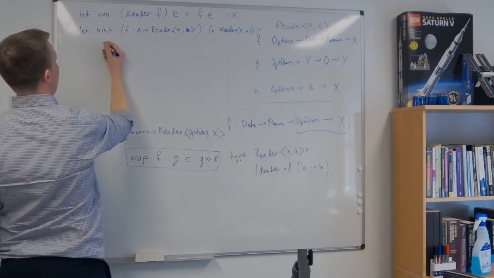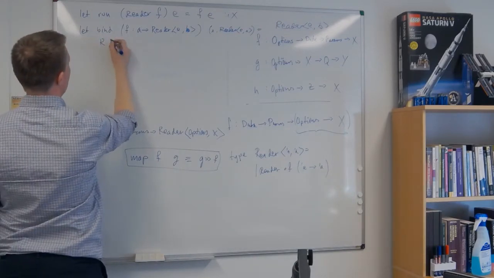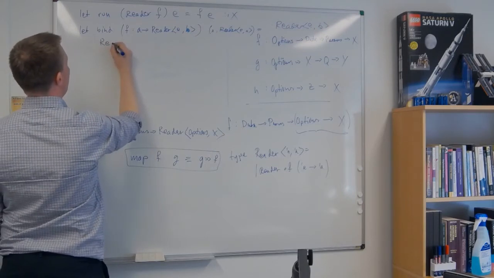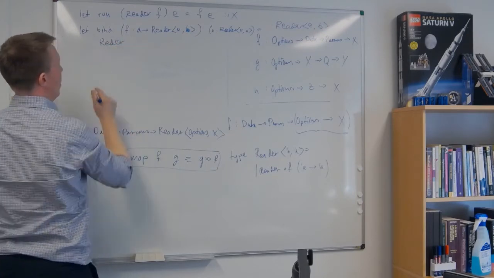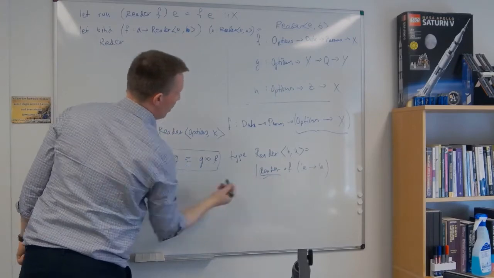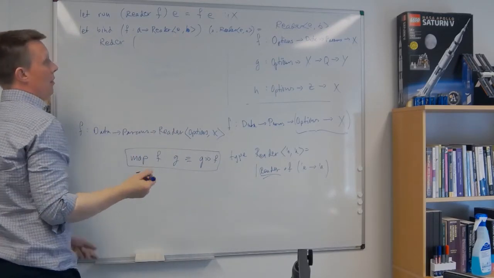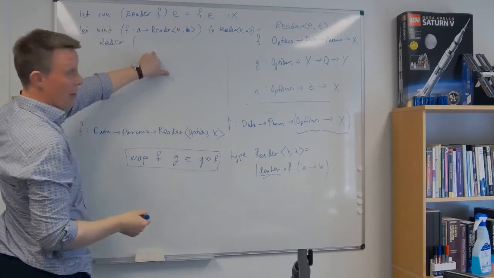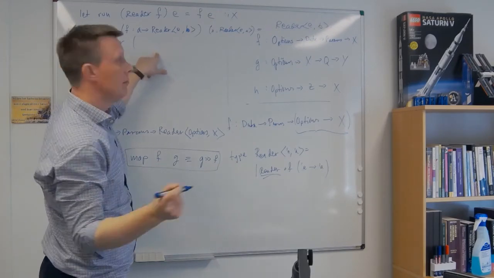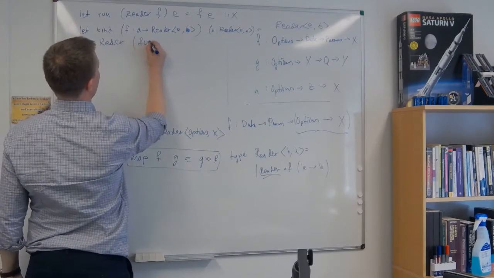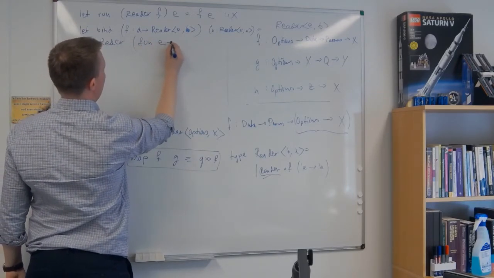Well, the first thing we can make sure is that we know that it needs to return a reader. So we just use this data constructor to create the reader. And then we know that the type inside the reader is a function. So I'm going to create a lambda, fun e.